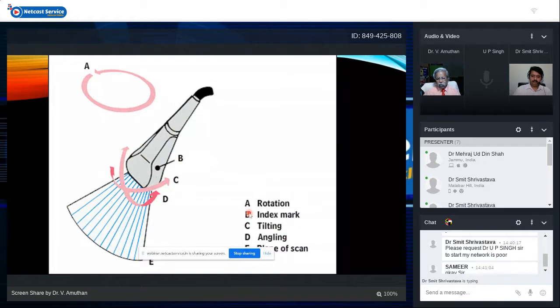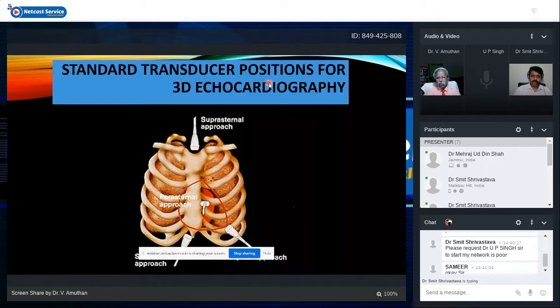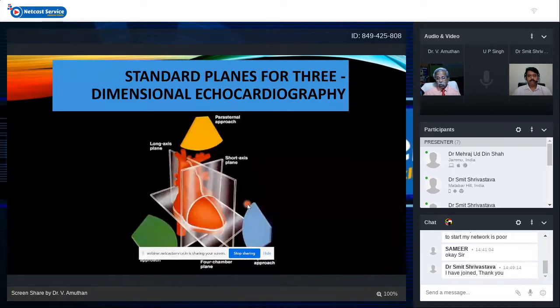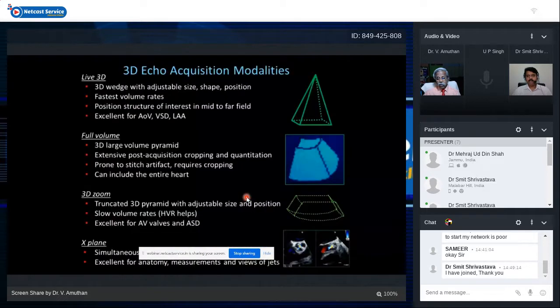That is the usual standard positions. So I consider 3D an extension of the 2D examination, and use the same parasternal views as well as the apical views. In addition, you have the suprasternal and the subcostal approaches. The same planes are used: long axis, short axis, and other things.